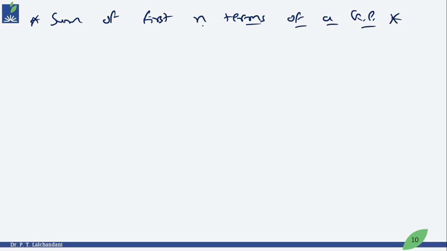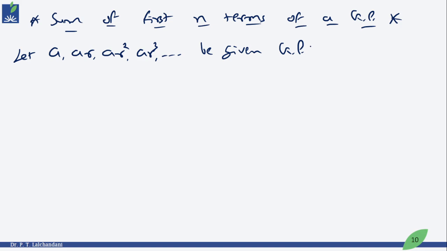Now let us see the sum of first n terms of a geometric progression. For that, let A, AR, AR square, AR cube and so on be a given geometric progression.